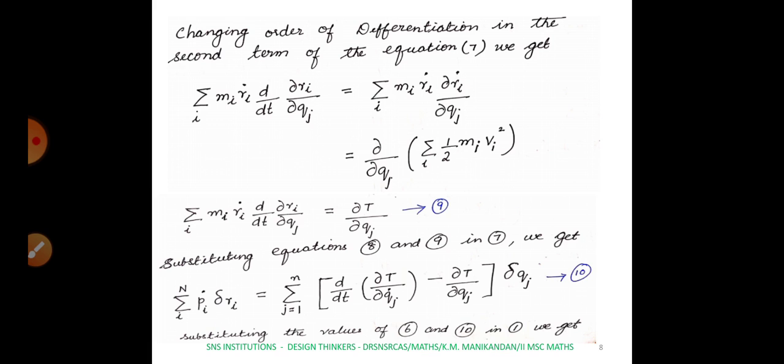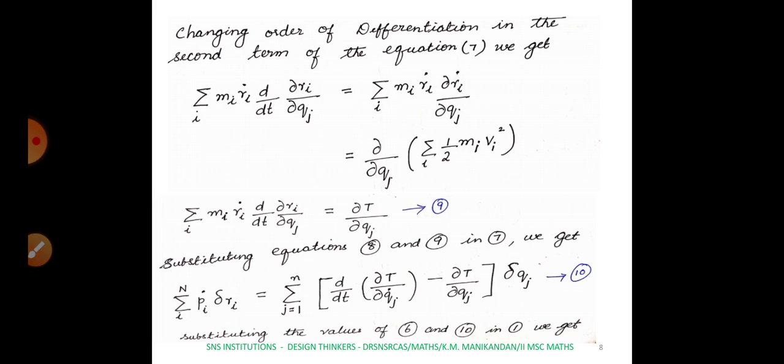This term can again be written as dou by dou qj of summation i of half into mi vi square. When we differentiate vi square, we get 2 vi into dou vi by dou qj, the 2 gets cancelled, and vi is nothing but ri dot. So again the summation i of half into mi vi square represents the total kinetic energy T. Therefore summation mi into ri dot into d by dt of dou ri by dou qj is equal to dou T by dou qj. Name this equation as 9.